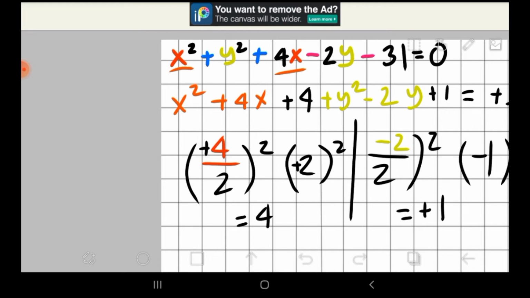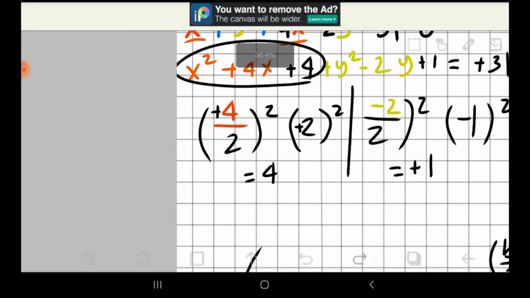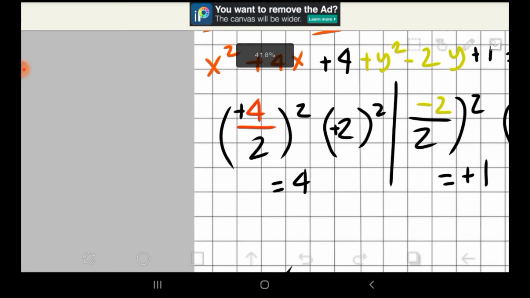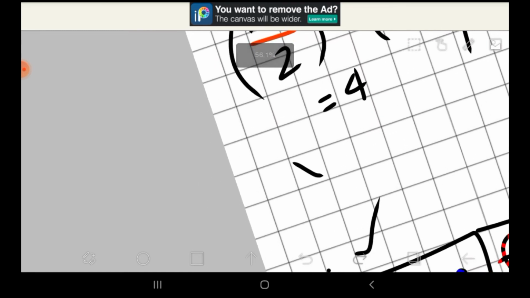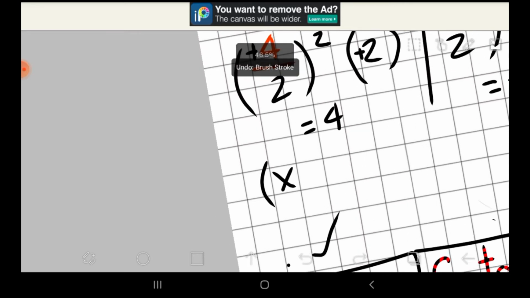To make a standard version of the x-axis, we will use the reverse FOIL method. So reverse FOIL method is like this. It's like x, we get this 2, positive 2 squared.